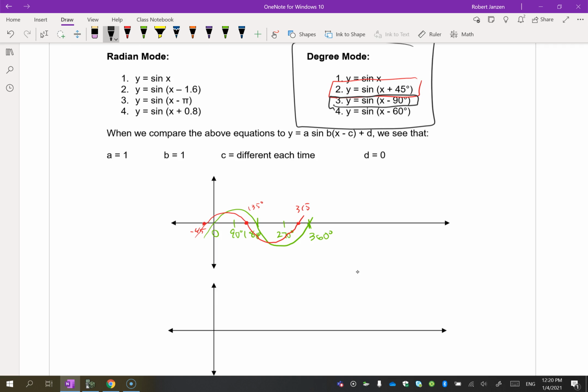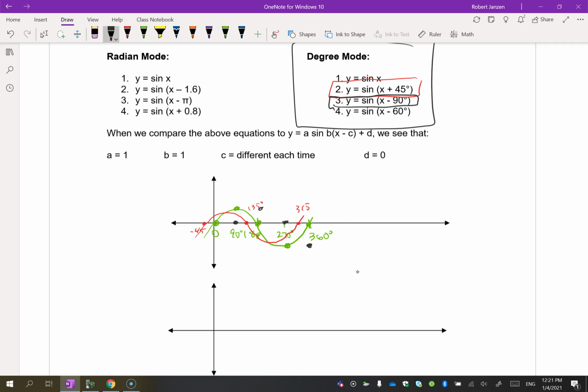So take the green graph. Okay, I'm going to take these 5 points, and I'm going to move it right 90 degrees. So this one would go here. This one would go there. Oh, I was supposed to use black, sorry. I'm going to take this one and move it here. I'm going to take this one and move it 90 degrees that way.